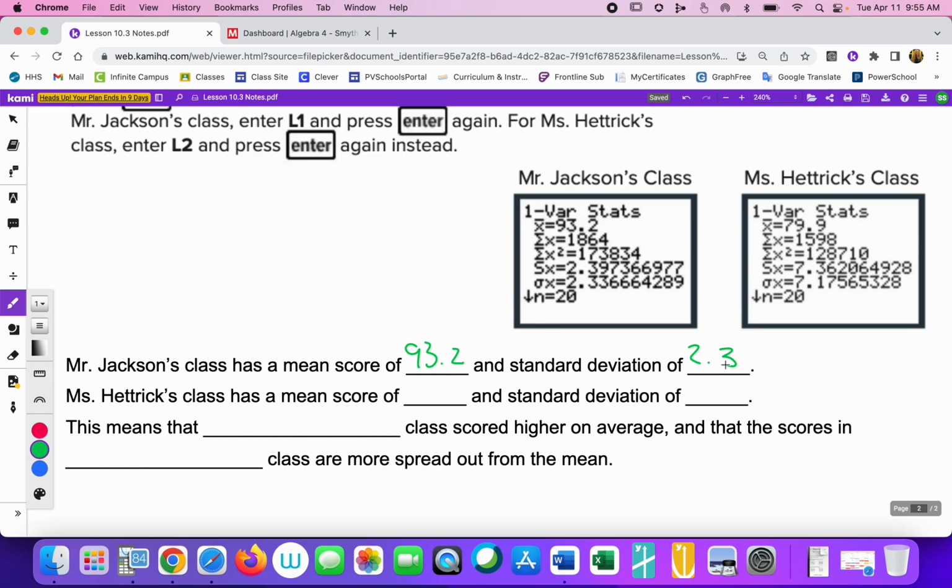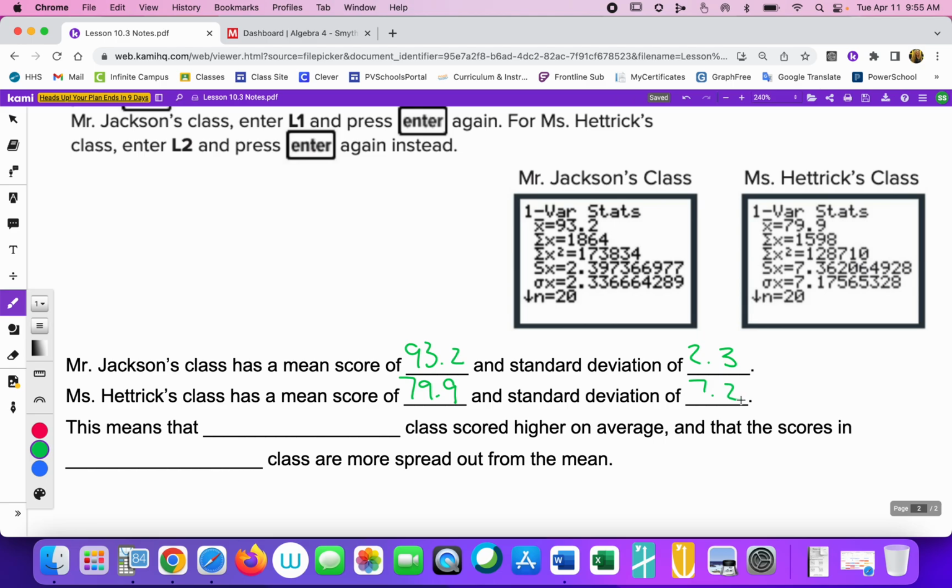Now that is very small, which means the numbers are pretty close together, not very spread out in that one. It seems like everybody pretty much got an A, except for maybe 1 or 2 people. What is Hetrick's mean score? 79.9. And standard deviation on this one is a 7.2, which means it's more spread out overall.